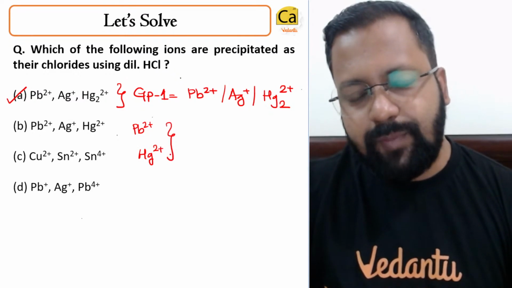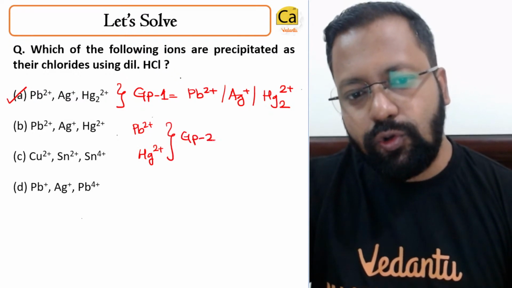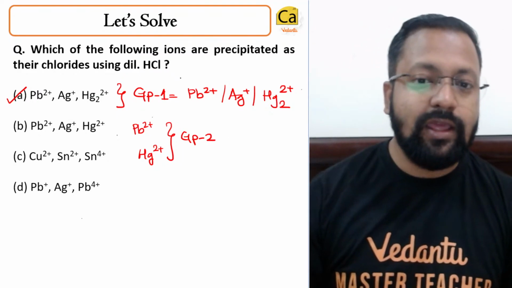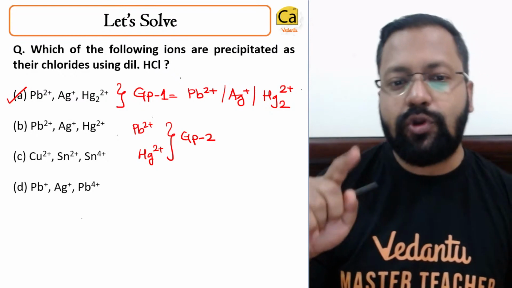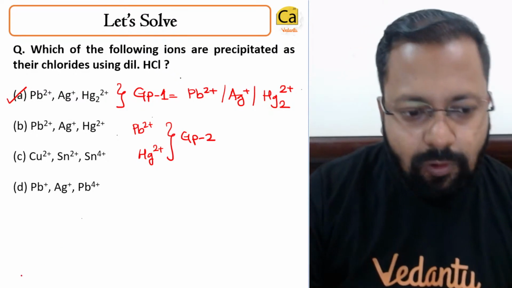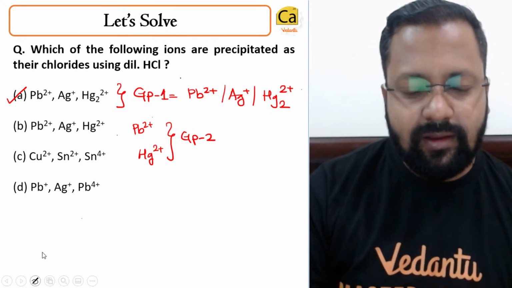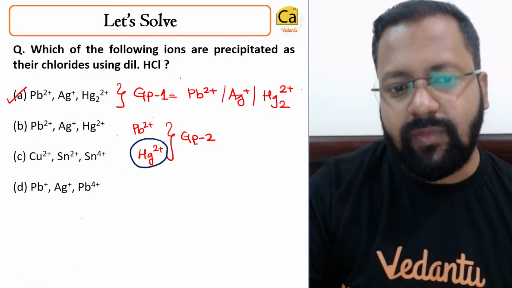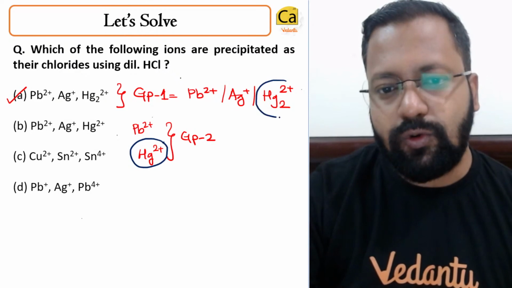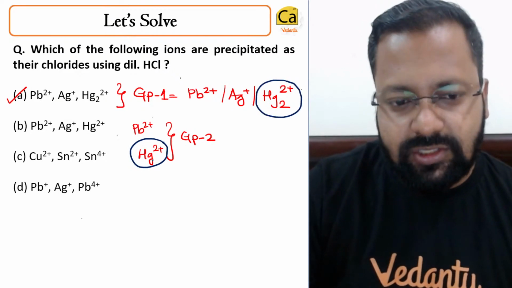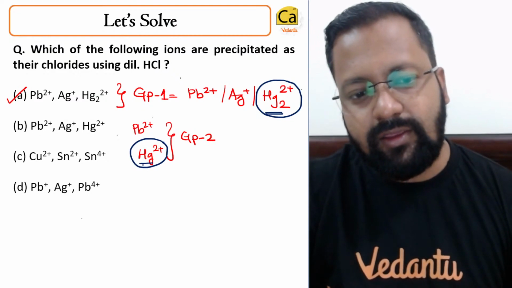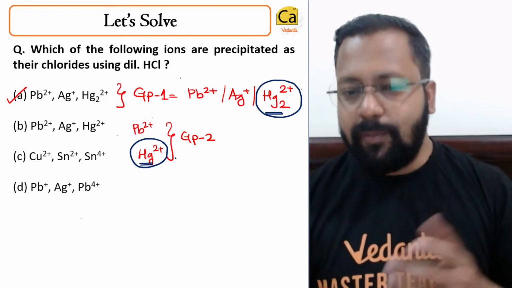in group 2. So group 1 contains lead, group 2 also contains lead. Group 1 contains mercury, group 2 also contains mercury. However, the nature of mercury is Hg2 2+ and Hg2+. There are two types of mercury ions which are present.